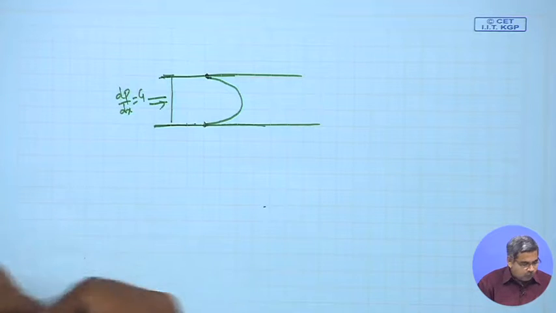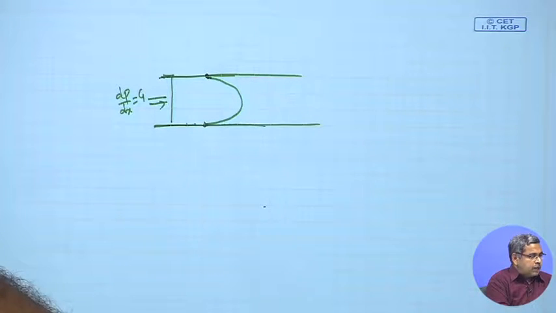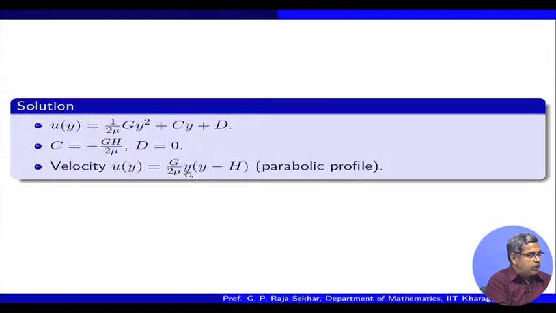Now, you see the profile, that is what is happening, and this is very much satisfying. At y equal to 0, this is 0, at y equal to h, this is 0. So, that is exactly what is reflected in our profile. Okay. Now, the magnitude definitely depends on the magnitude of the pressure gradient. If you have a large pressure gradient, then correspondingly the velocity is expected to be large, otherwise correspondingly low.